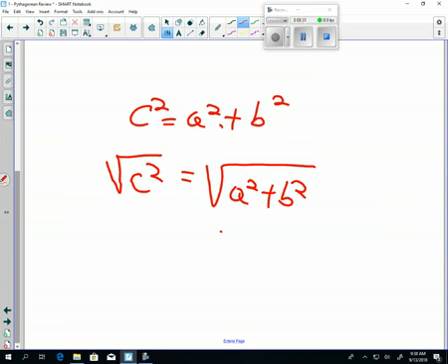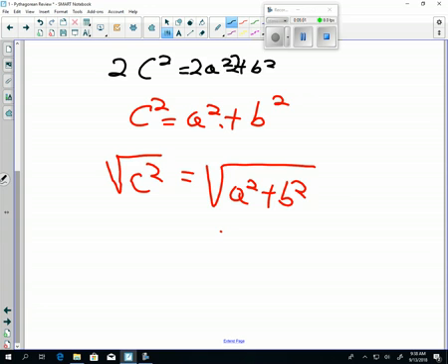If I were to multiply this side by 2, just as an example, let's say I had c squared plus a squared. You write this? Okay, there's my equality. Now let's say I want to double that. What is 2c squared? Well, if I put 2 here, it means I have to have 2 of this and 2 of this. Whatever I do to one side, I have to do to the other.